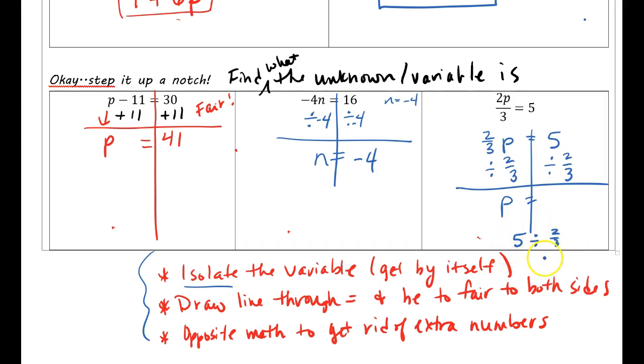Well, you probably remember from last year, anytime you're dividing with a fraction behind it, you have to flip that number and do the reciprocal. So I'm going to write 5 as 5 over 1, because that's how you can turn a whole number into a fraction. I'm going to change this to multiply, and then I'm going to flip this number behind.